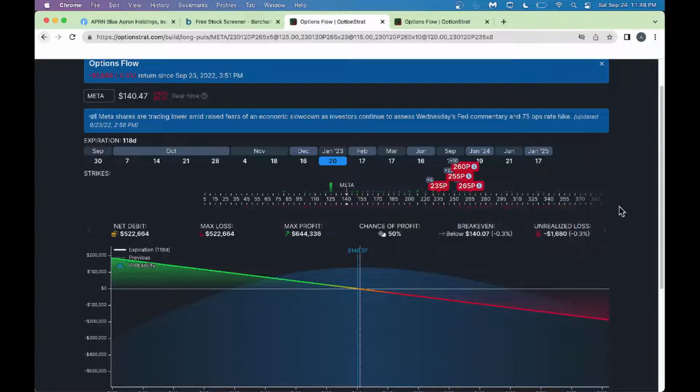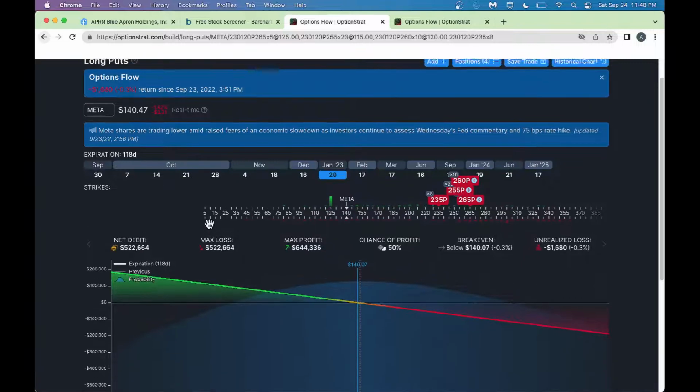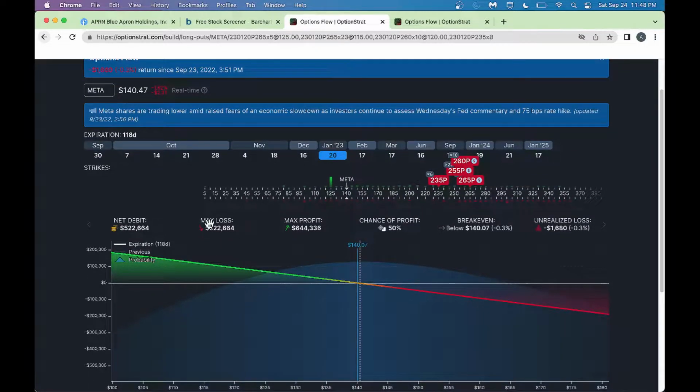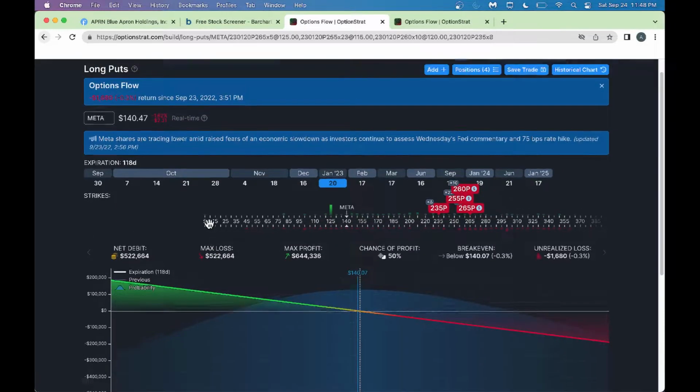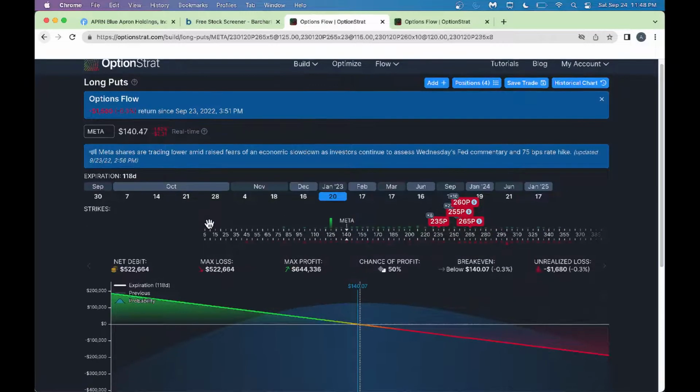So that means they will make money as the stock goes down. This is a bet on the stock going down. As the stock goes down, they will make money, as you can see here. The break-even point is 140. That's the current price. Somebody knows something about this. That's why they're putting a big bearish bet on this Meta here. That's what's going on here.